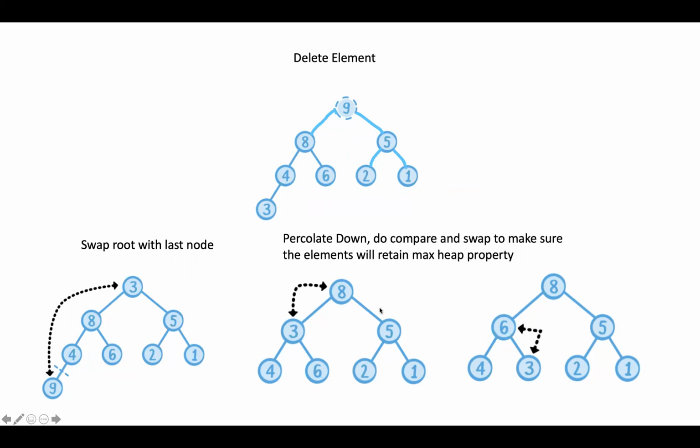Correct, in these kinds of scenarios. Same, if you see here, now it has violated the max property, so we are picking among 3, 6, and 4. So 4 will not be moved, even though 4 is greater than 3, but 6 will be moved up.